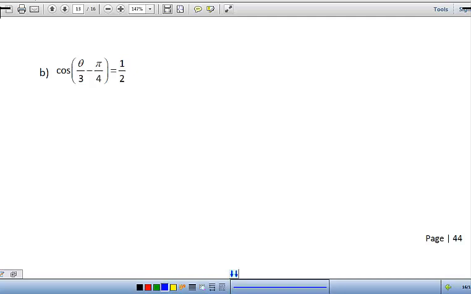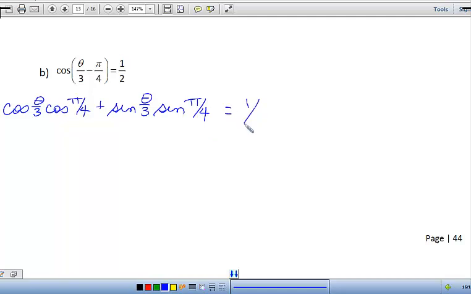So I know that cosine of theta over 3 minus pi over 4 I can rewrite as cosine of theta over 3 times cosine of pi over 4, minus sine of theta over 3 times sine of pi over 4, and that's going to be plus, so we get plus sine of theta over 3 times sine of pi over 4 equals 1/2.